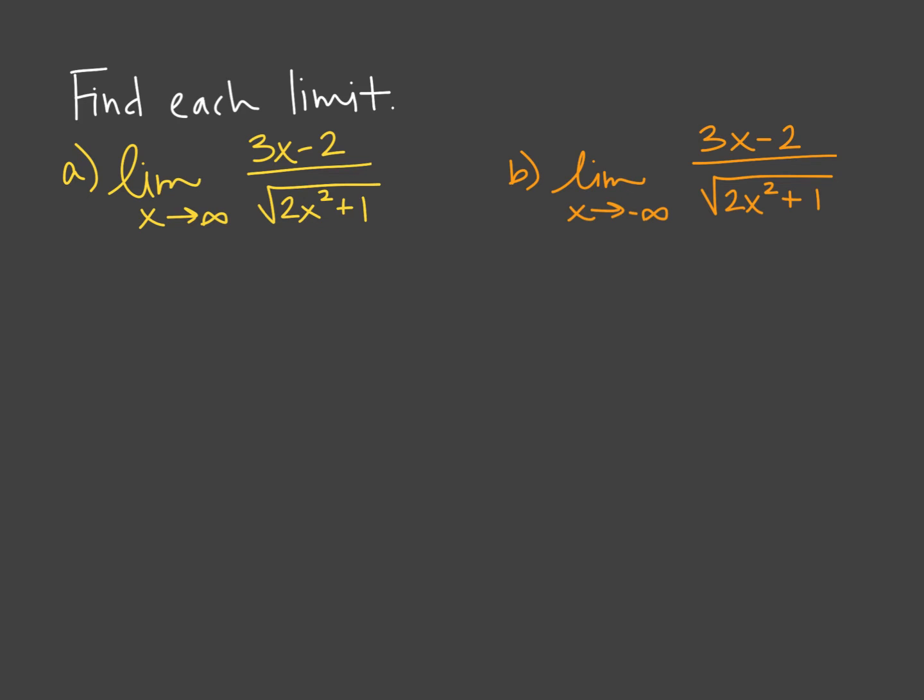Here's sort of my thought process just now. I want to divide by the square root of x squared using that same general idea as before, but that's really better just known as x. Now, that only is the case because this is a positive x value. We'll see how it's different in part B. But let's divide by either the square root of x squared or simply x to each term.